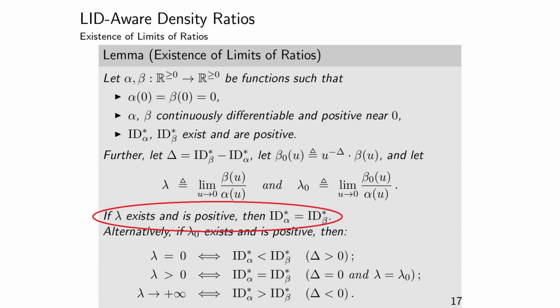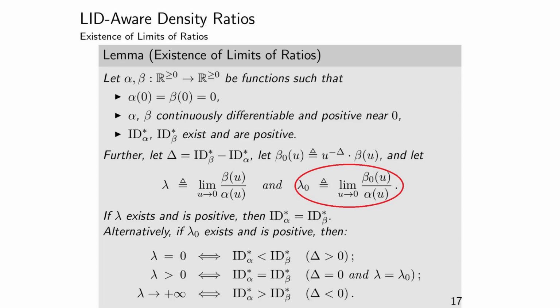Alternatively, if the limit exists but is not positive, then we can ask whether we can pull out some factors of u so that the result has a limit that does exist and is positive. From beta, we pull out a number of factors of u equal to the difference between the intrinsic dimensionalities, and the result we call beta sub 0. Then we look at its limit and its properties.